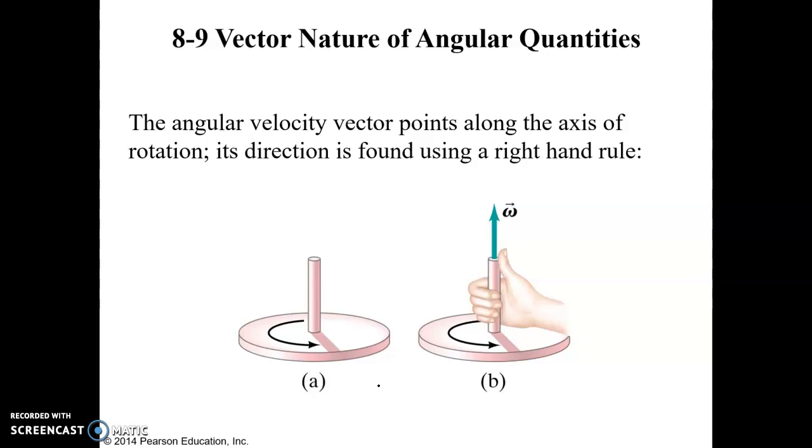and that is the fact that angular velocity and angular acceleration and angular momentum are all vector quantities. And we know from talking about linear velocity and acceleration and momentum that vectors have a magnitude and a direction.